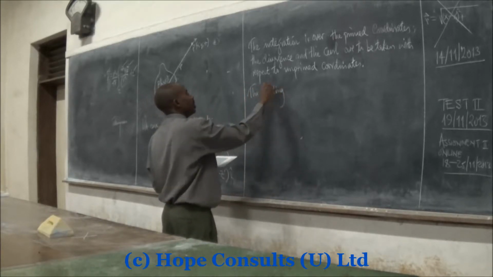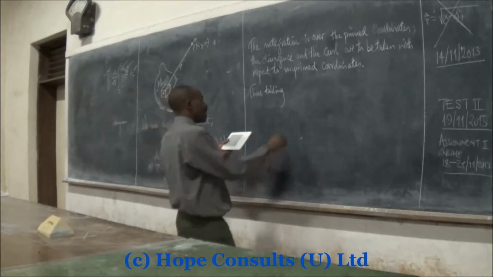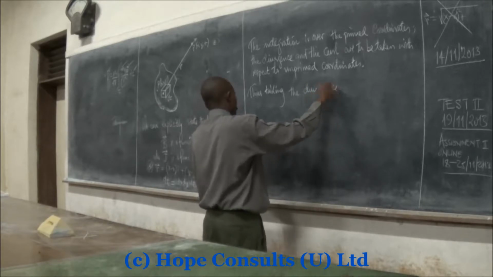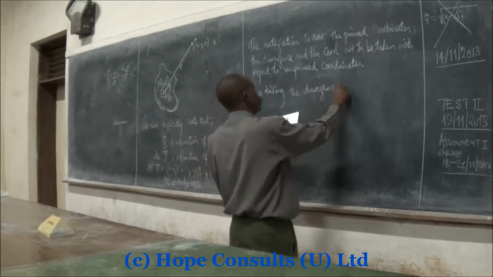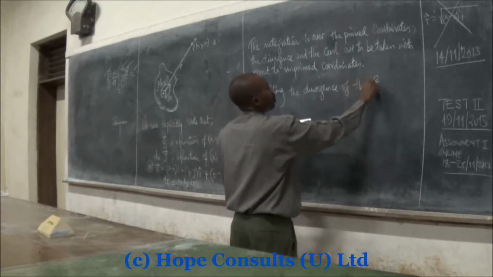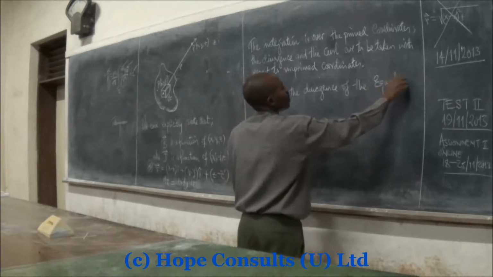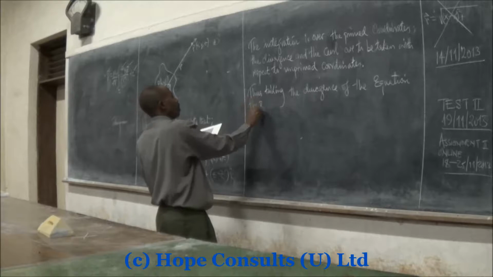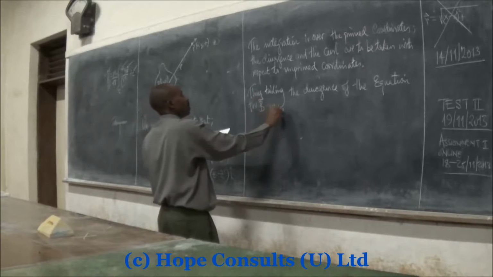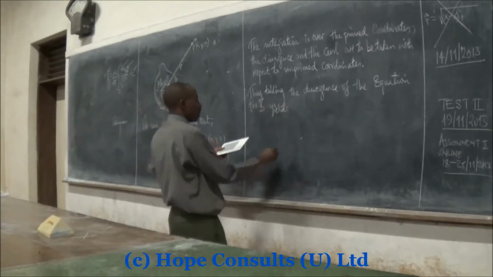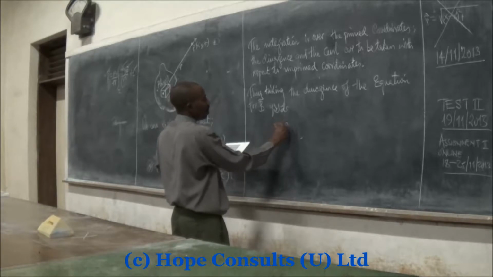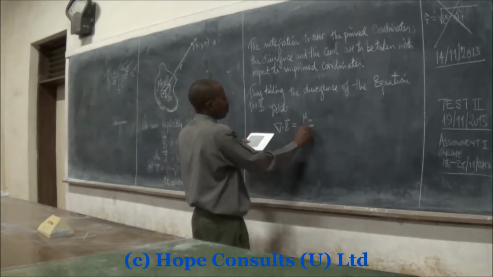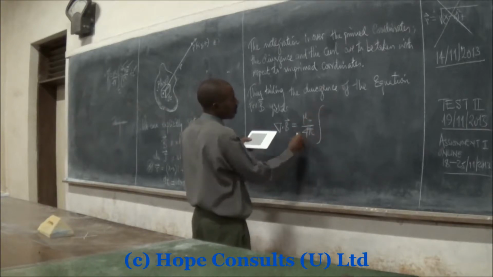Thus, taking the divergence of the equation for B yields that the divergence of B is equal to mu naught over 4 pi integral.